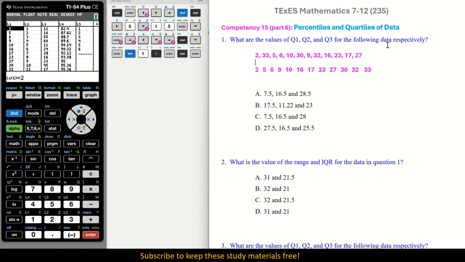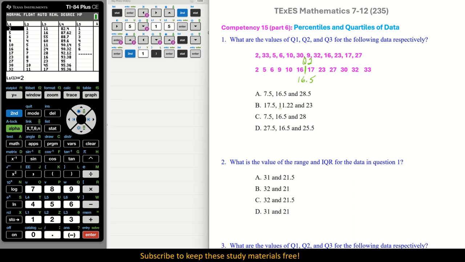I've done that. Now let's do this by hand first. We're going to get our Q1, Q2, and Q3. Okay, so we have 12 numbers. What we need to do is cut those in half, right down the middle. So Q2 is in half, and that will be 16.5.